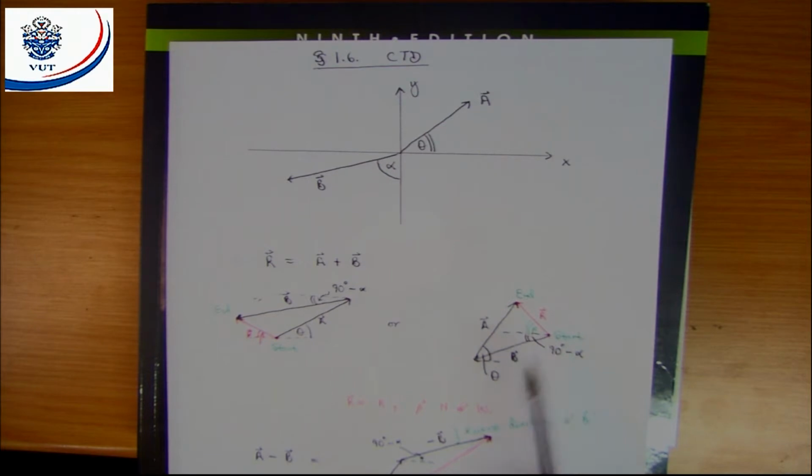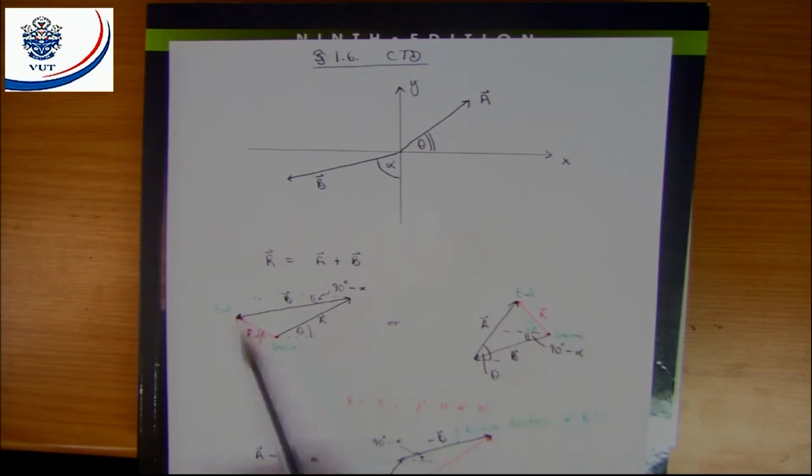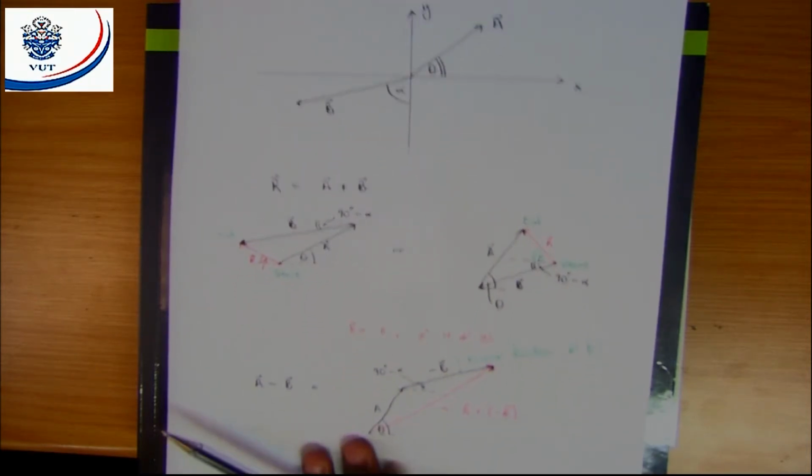So then we get the resultant from there to there, and it's the same resultant as this one. It's just that my diagram here is not drawn to scale, but you can see that the direction is the same, and the angle that it forms with respect to the x-axis is just beta.